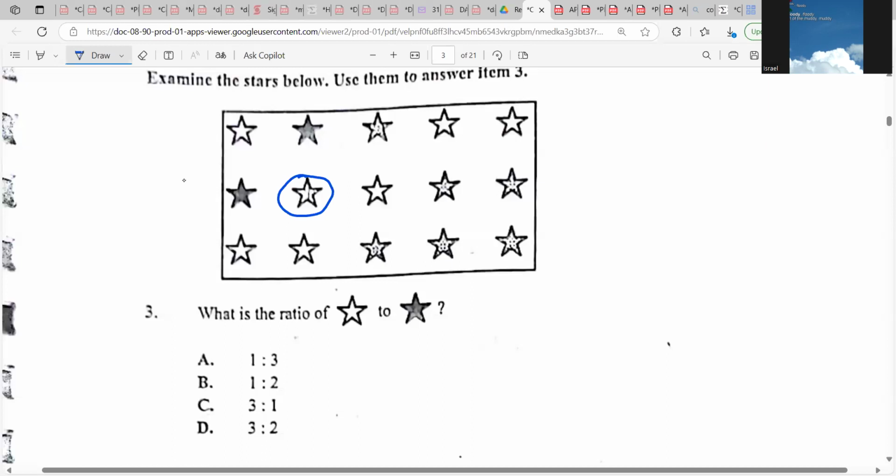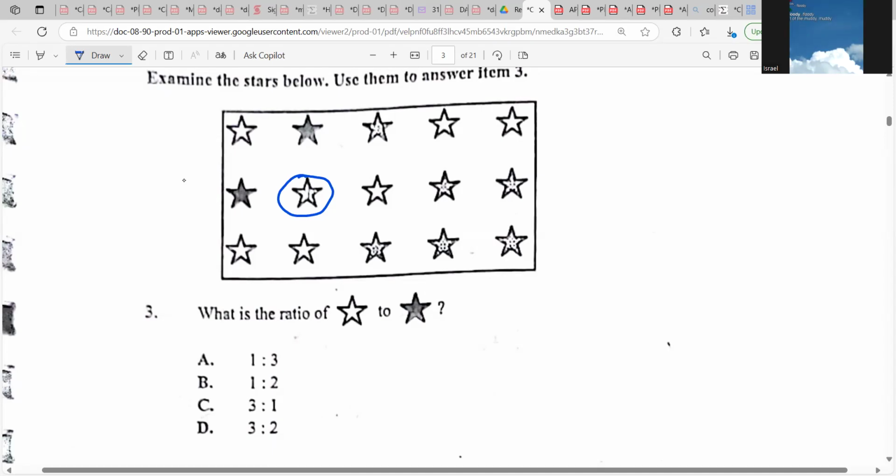So how I got my answer is there are 1, 2, 3, 4, 5, 6 clear stars, and there are 2 shaded stars. And it asks if the wait. Oh, sir, I switched it around. Sorry, sir. So it's not A then.